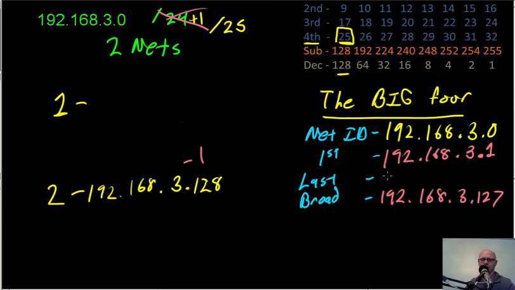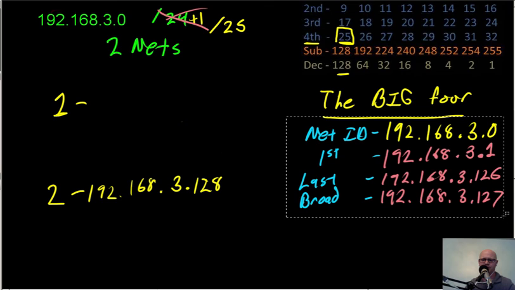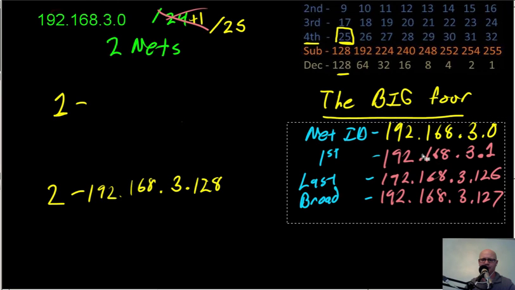So this is our broadcast address here, 192.168.3.127, and our last usable is 192.168.3.126. All right, so that's network number 1's big 4 information.